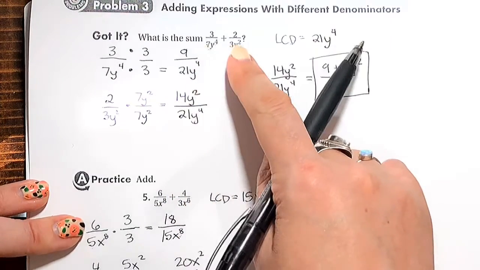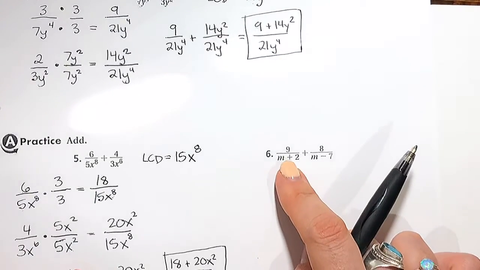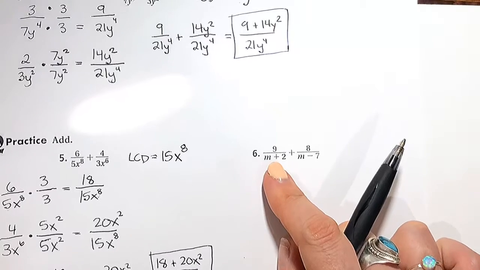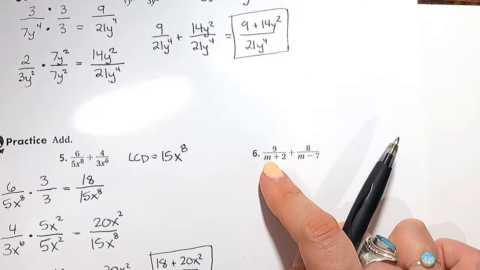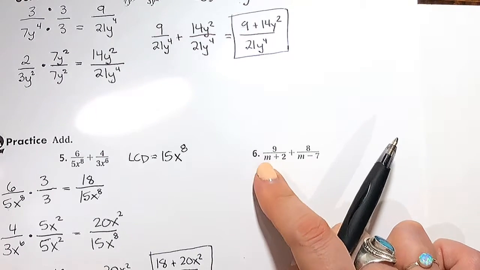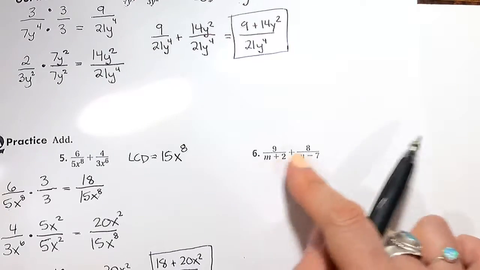Notice that both of these problems were just monomials on the bottom. But what happens if we have like a binomial on the bottom? So on number 6, we have an m plus 2 and an m minus 7. If I think about m plus 2, there's nothing I can times this binomial by that turns it into m minus 7, and vice versa.